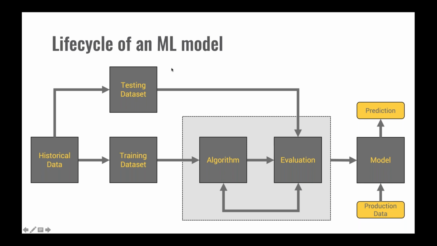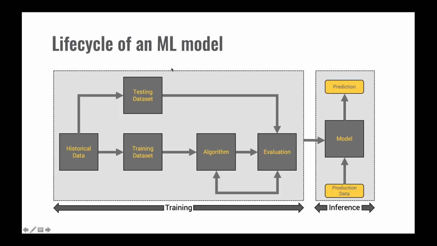So what is the difference between training and inference? Well, a machine learning model will essentially have 2 lives. The first one is during its development, which is the training, where we take historical data, split that into a test data and training data set, pass it through an algorithm, and then constantly tune it till we are happy with the predictions or classifications.